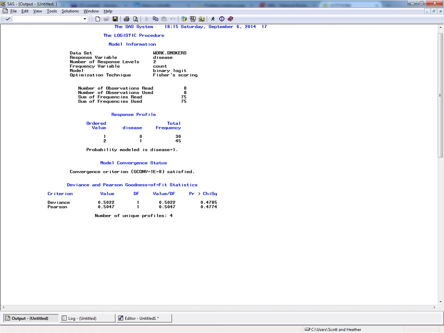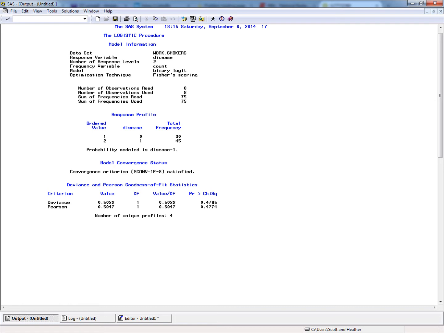Because the number of unique, in this case non-empty, profiles is 4: 2 options for sex times 2 options for smoking. So 4 possibilities. Our model, as we'll see on the next slide, has 3 parameters: a y-intercept, a slope for the sex variable, and a slope for the smoking variable. So 4 minus 3 gives us our 1 degree of freedom.